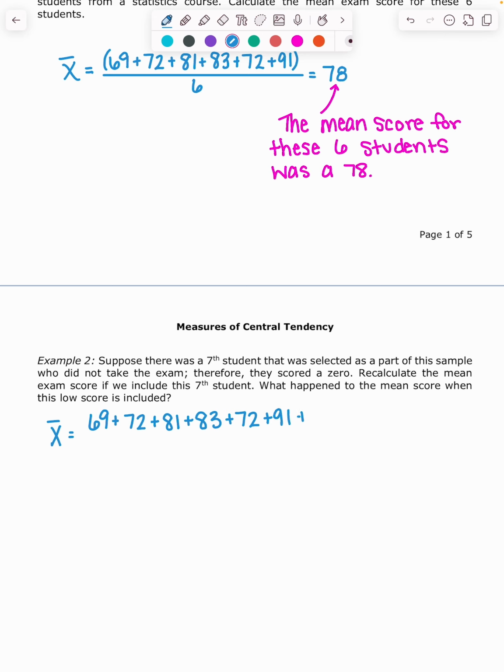And then now we have an additional student who scored, unfortunately, a 0. And then I'm going to divide that by, oh, not 6, by 7, because now I have 7 numbers up top. So I divide by 7 on the bottom. So I'll give you a second to calculate that. If you need more time, please feel free to pause the video so that you can do the calculation.